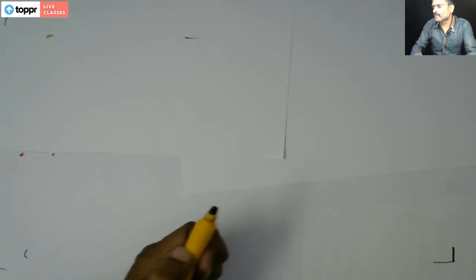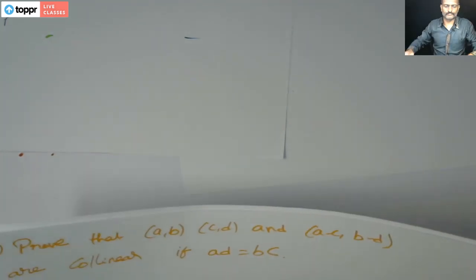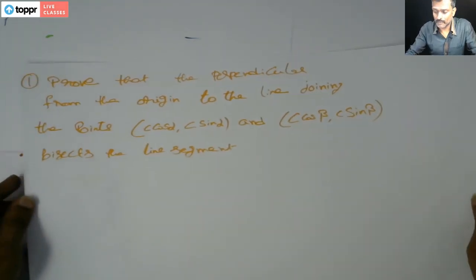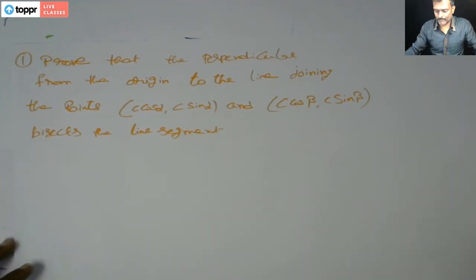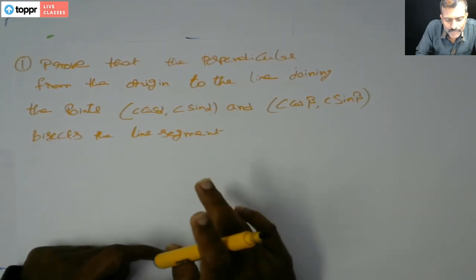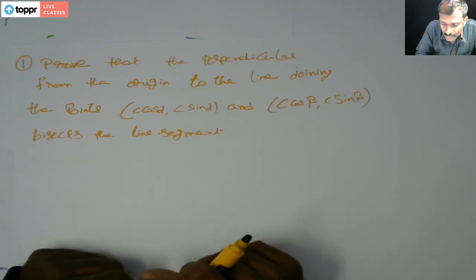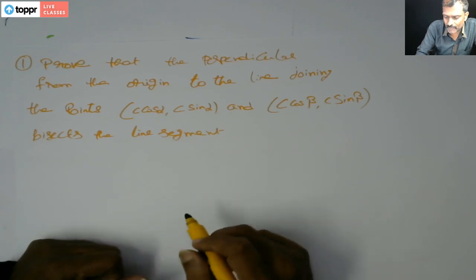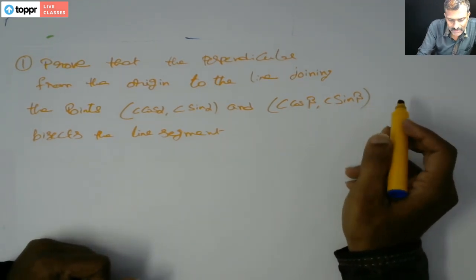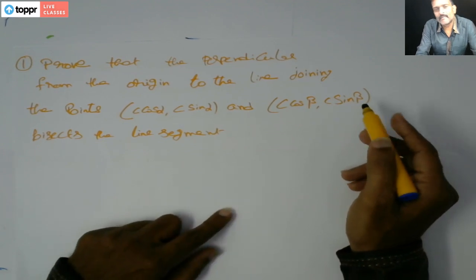Now let us quickly solve a few questions from the concepts which we have used so far. The first question says, prove that the perpendicular from the origin to the line joining the points (c cos alpha, c sin alpha) and (c cos beta, c sin beta) bisects the line segment.